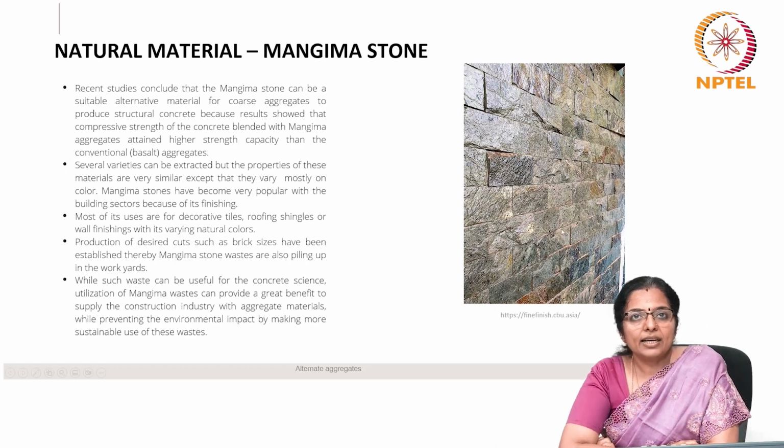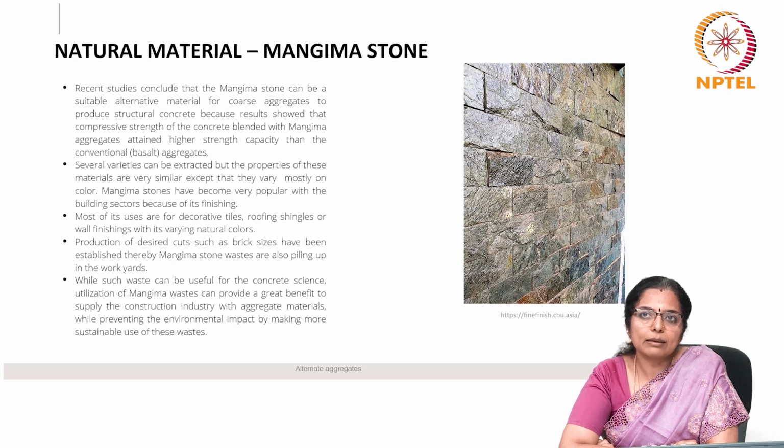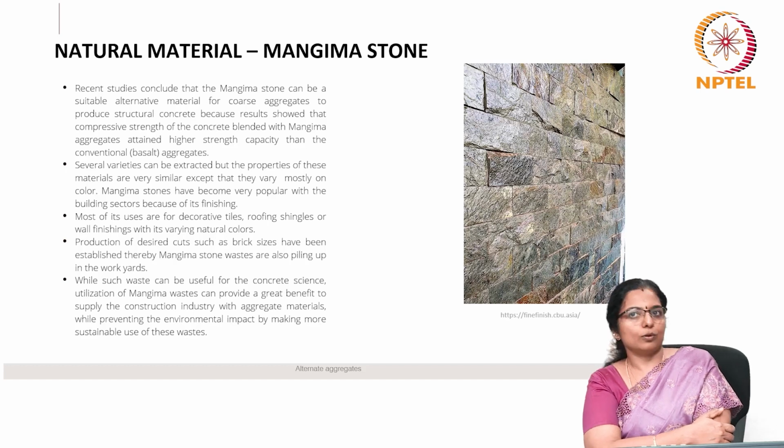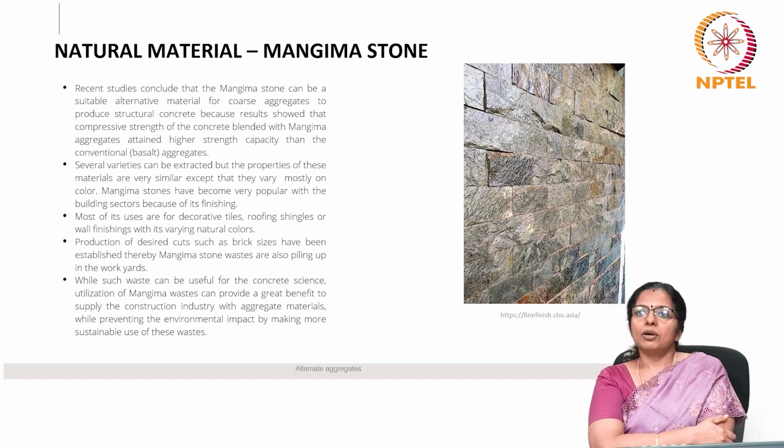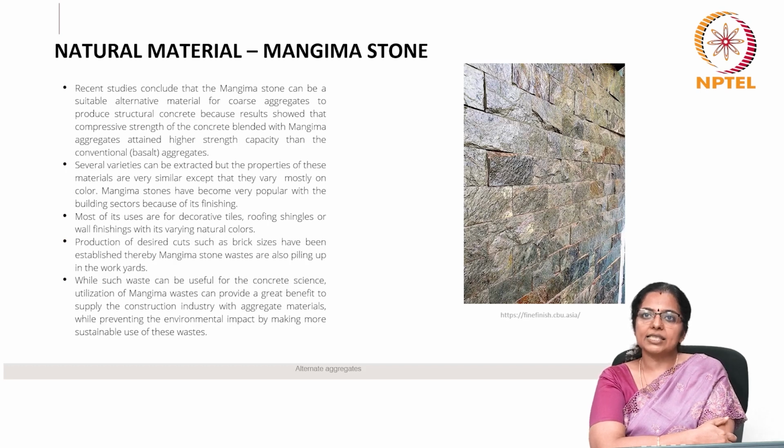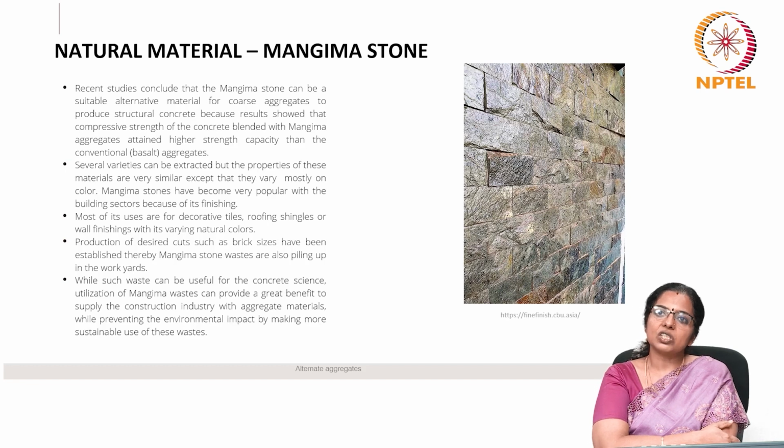Let us now look at Mangima stone. Recent studies conclude that the Mangima stone can be suitable alternative material for coarse aggregates to produce structural concrete because results showed that compressive strength of the concrete blended with Mangima aggregates attained higher strength capacity than the conventional basalt aggregates.